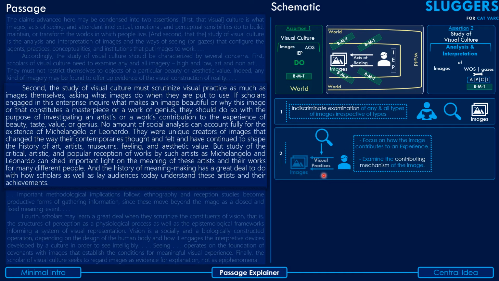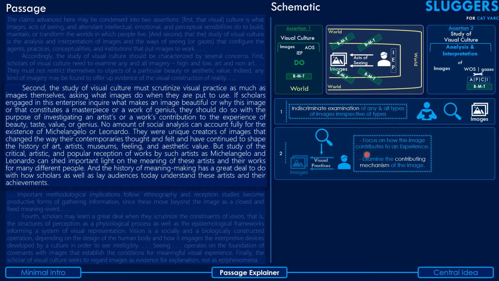Visual practices should not be ignored. They should pay at least equal attention to visual practices as they pay to images themselves. And while doing that, they are supposed to figure out how the image contributes to an experience.